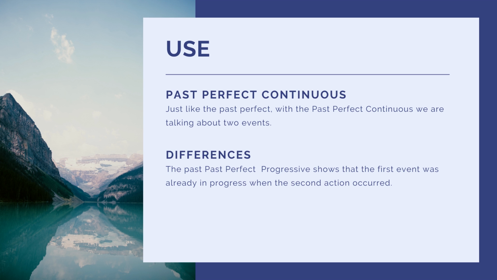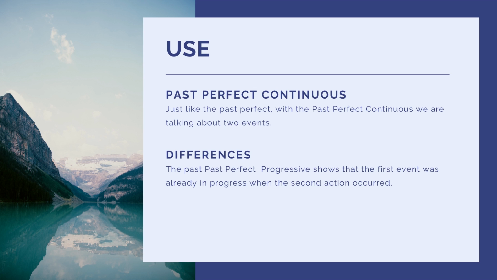One of the uses of the past perfect continuous is very related to the past perfect. Remember, just as in the past perfect, in this past perfect continuous, we are still going to be talking about two actions that are happening in the past.